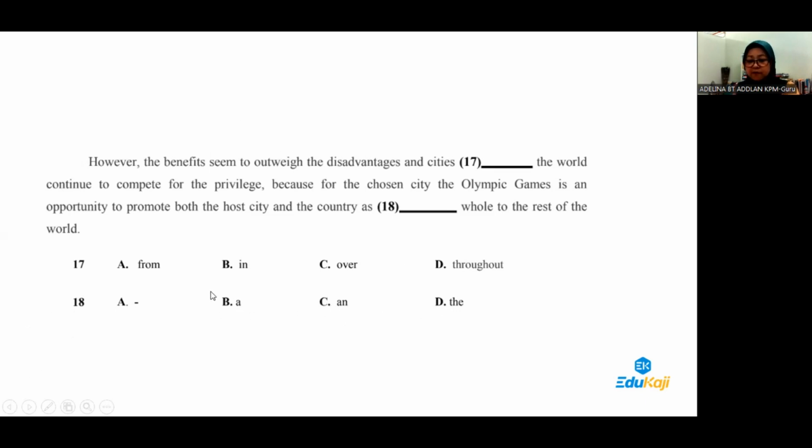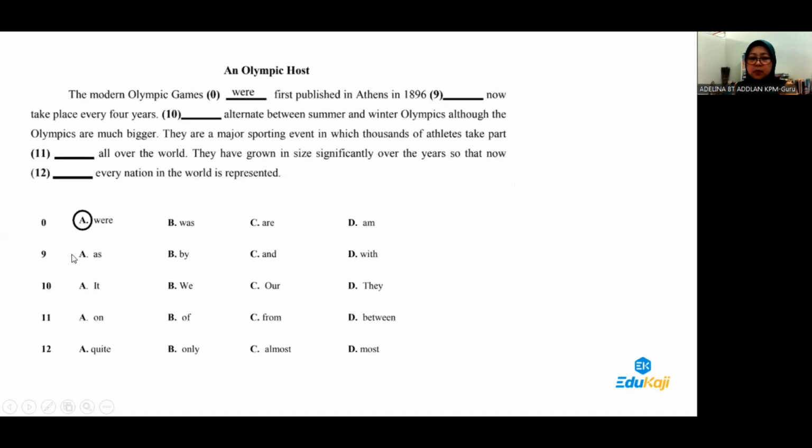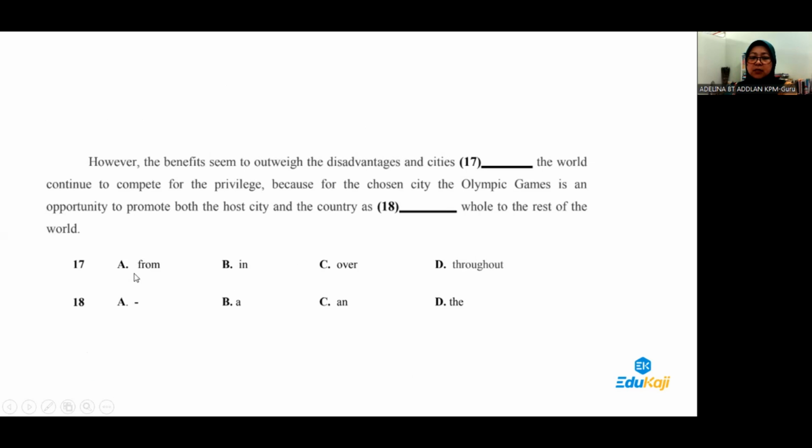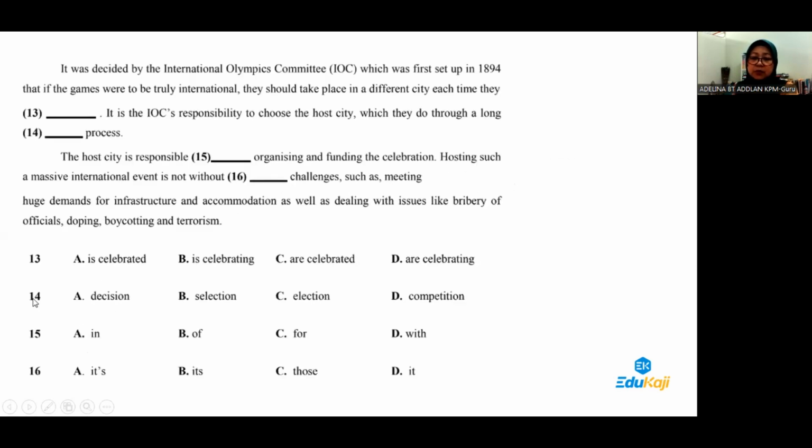So out of 1, 2, 3, 4, 5, 6, 7, 8, 9, 10. Out of the 10 gapped questions given, only 1 question is testing students on their vocabulary.